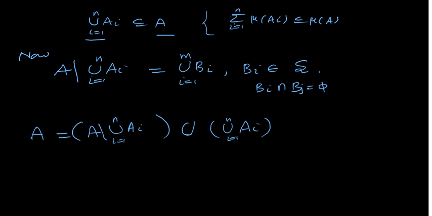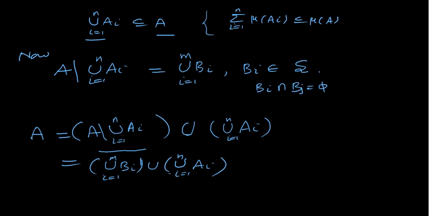First I took the union out of it, then adjoined it back. Okay, so these two sets are equal, but now this one, what's this? It's the union of Bi, i runs from 1 to m, and this is the union of Ai, i runs from 1 to n. This union and this one are equal to A.